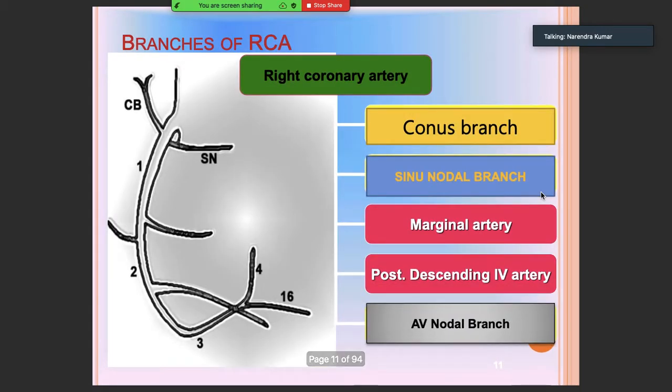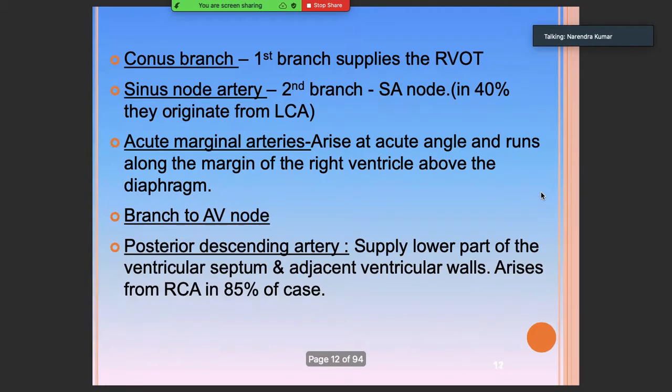Then there are several branches for the RCA, like the branch to the sinus node, the AV node as well, and also the PDA. The right coronary artery gives the posterior descending artery, the AV node, the SA node.